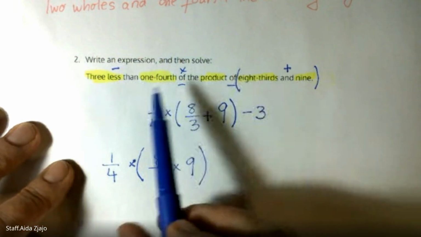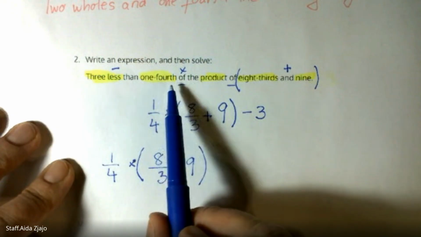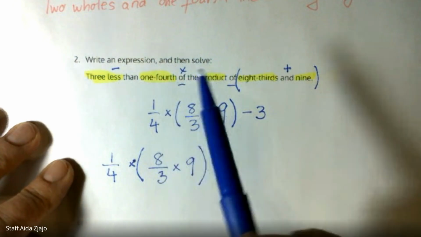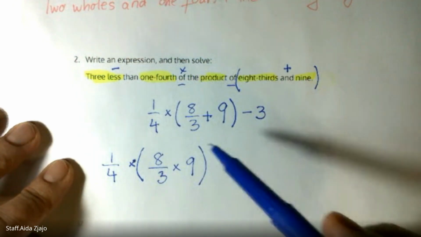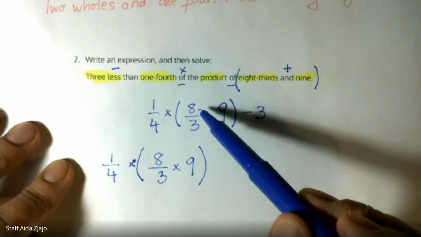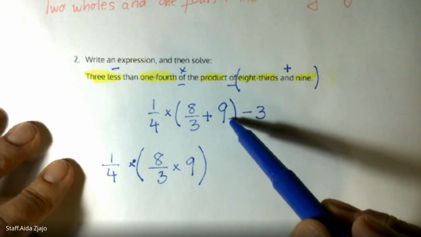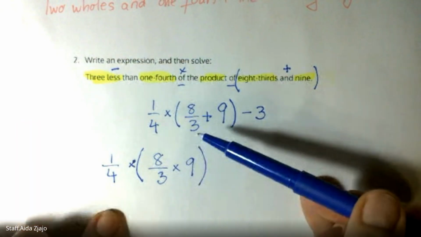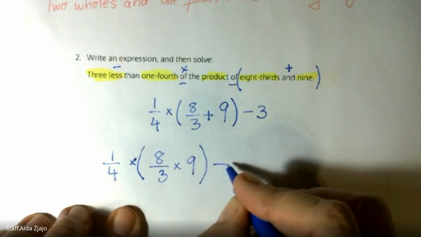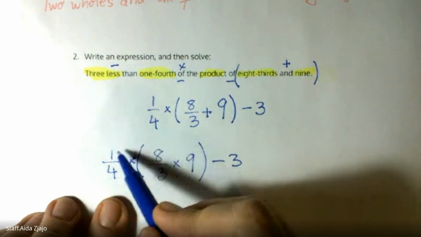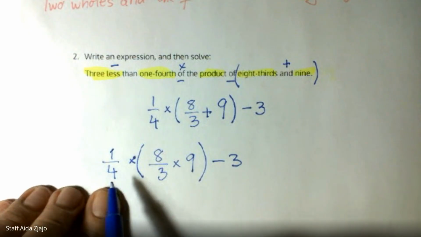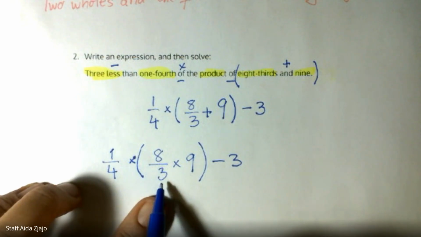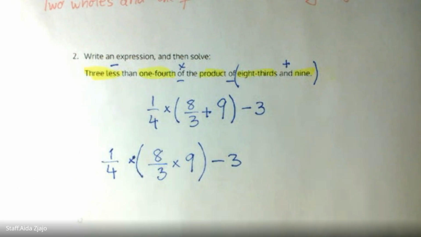I don't know exactly. 3 less than 1/4 of the product of 8/3 and 9, or it could be that 3 less of 1/4 of the product of 8/3 and 9.